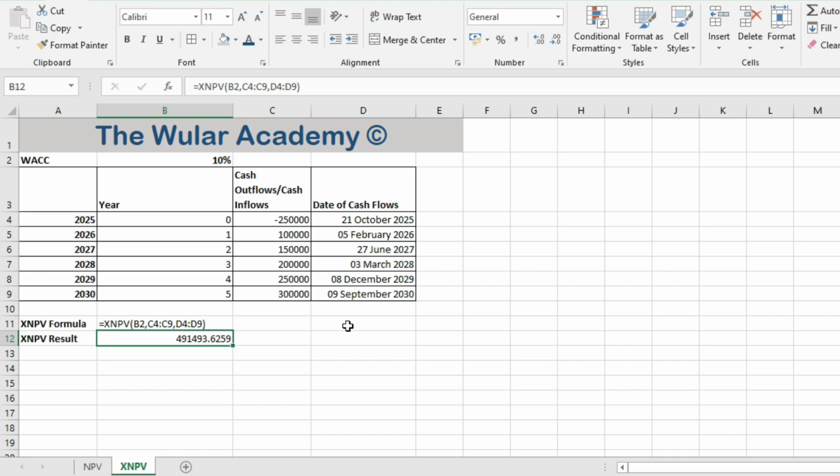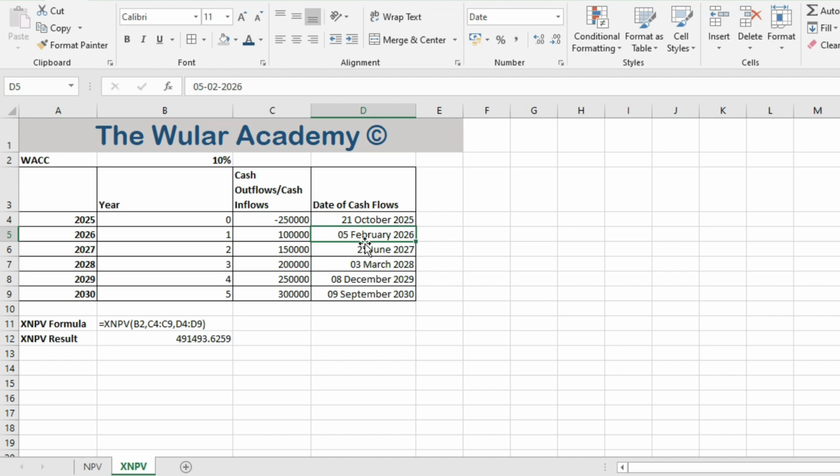So why is this much of difference there? The reason is that the NPV function undervalues our investments, because it assumes that cash flows are happening at the end of the period, whereas in the XNPV function we input the exact dates. For example, here in the year 2026, our cash flow is happening on 5th of Feb 2026 and not on 31st December 2026.